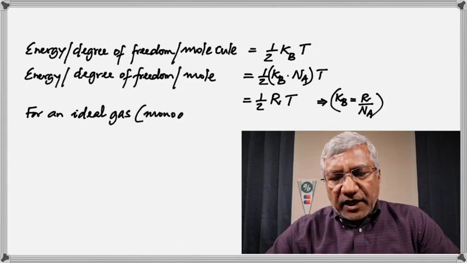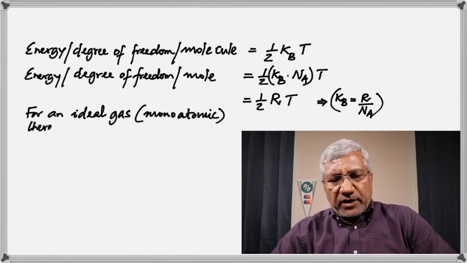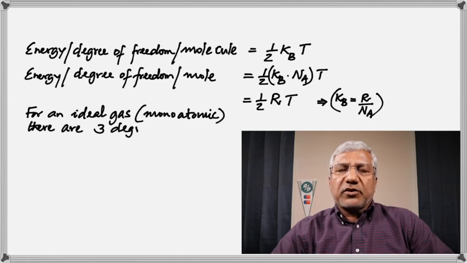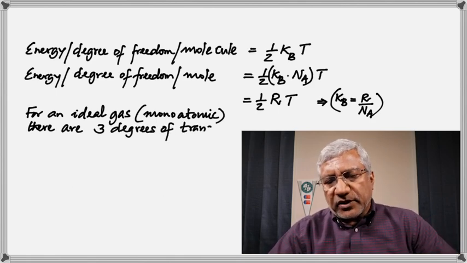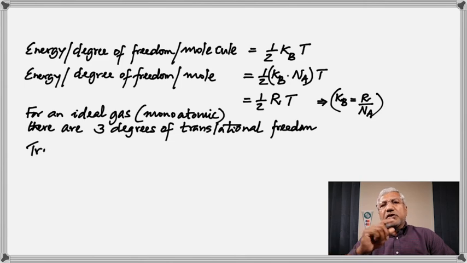Now, for an ideal gas, which is always taken to be monoatomic, there are 3 degrees of freedom. So if the question is about an ideal gas, you should know there are 3 degrees of freedom, and these 3 are the freedom to move along the x, y, and z axis.